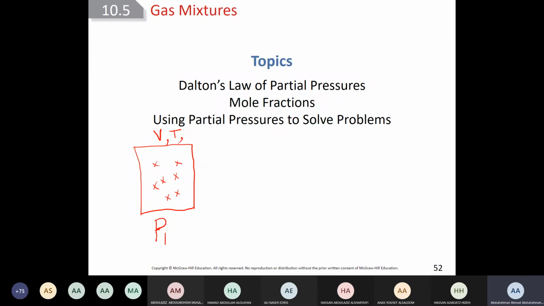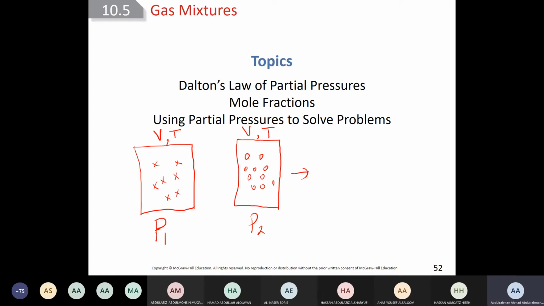Clear? Good. I have another room here, which has exactly the same volume, so I'm going to write it as V, and the same temperature also. But it has another gas, and the pressure of this gas is P2.